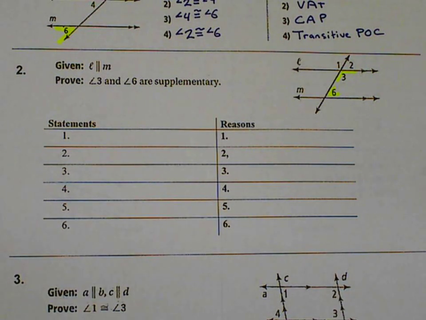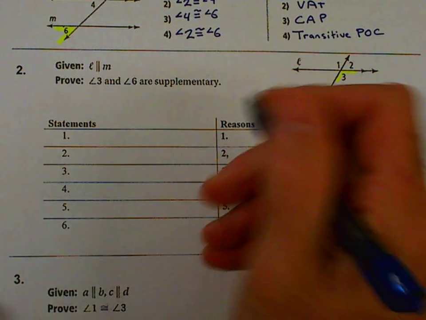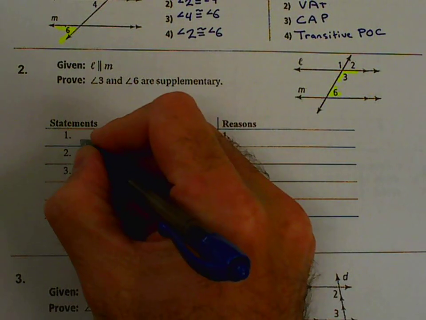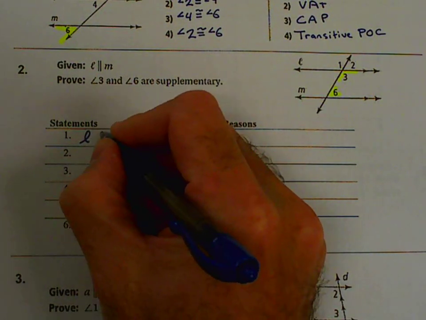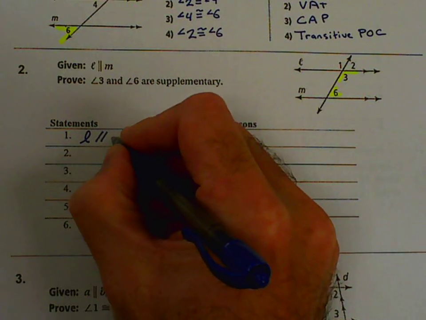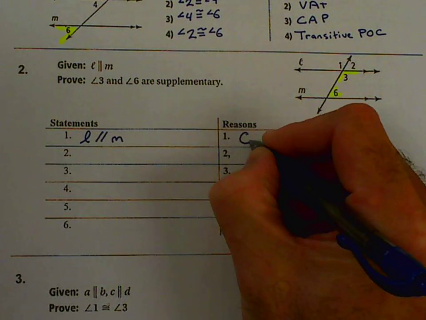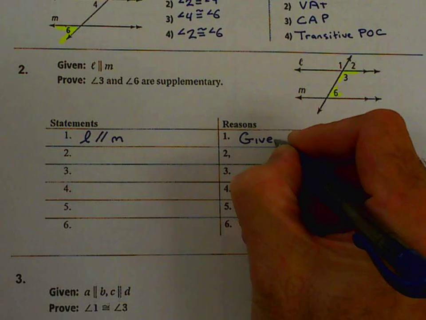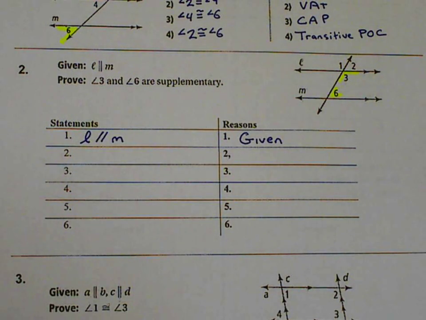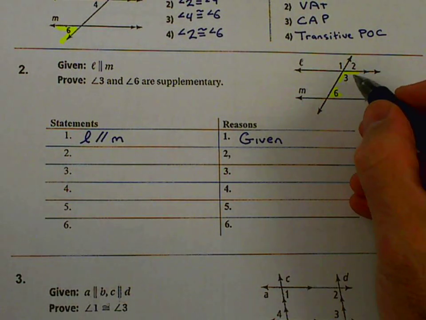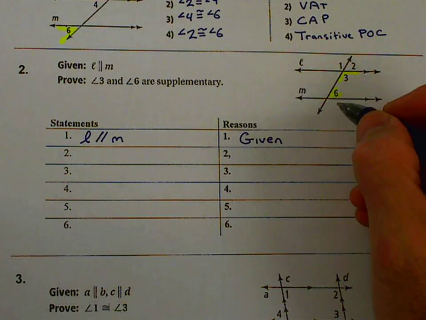So we want to go ahead and again state our given information. L is parallel to M. That was given to us. Once we have that, we want 3 plus 6, those measurements, adding up to 180.